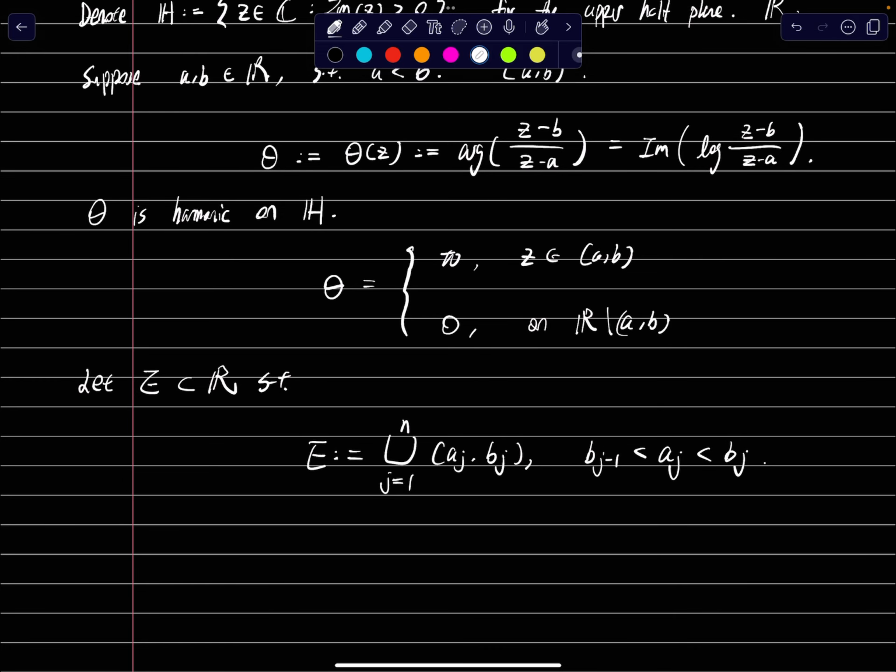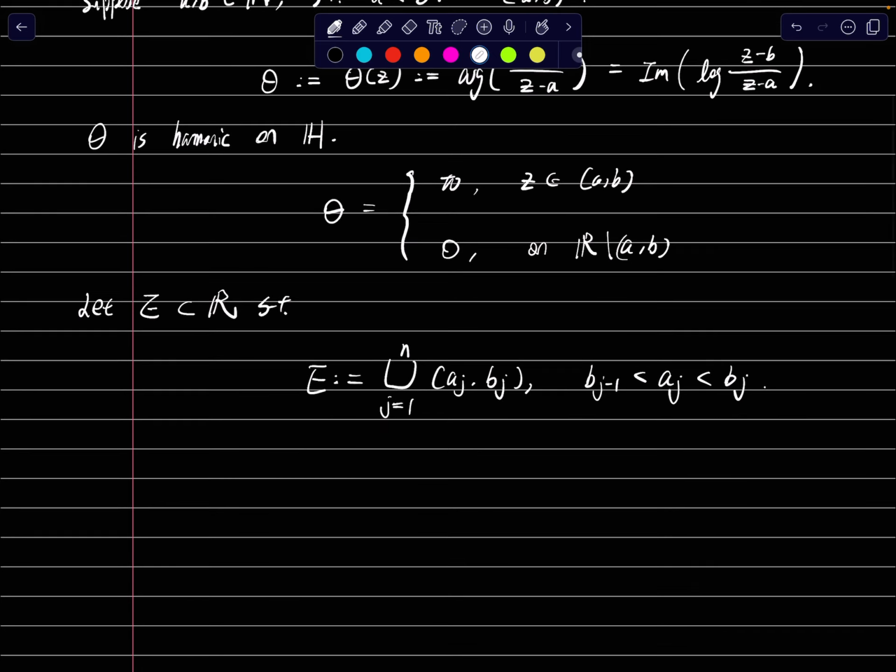So that means these open intervals are mutually disjoint. That is to say, (a_k, b_k) intersect (a_i, b_i) is empty for all k not equal to i, and all these indices are legal.